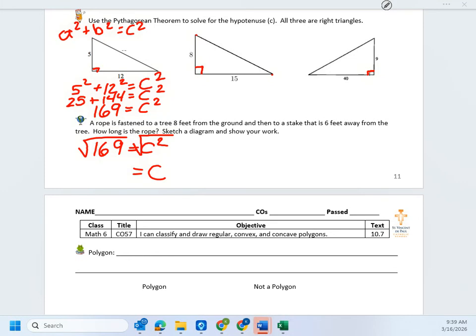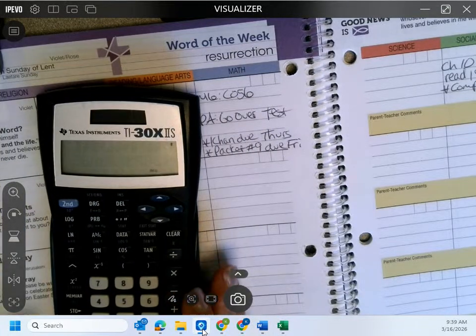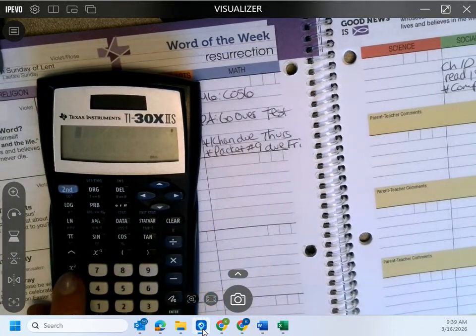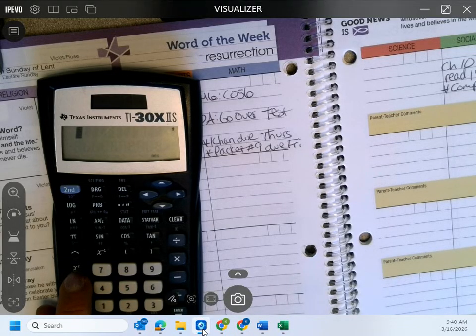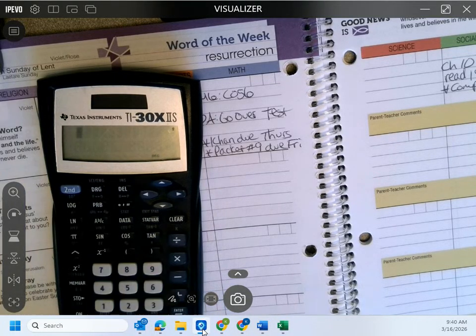So let's remind ourselves how we find that square root on our calculator. Okay, so we look at where that x squared button is. Look on the calculator on the part right down from it.